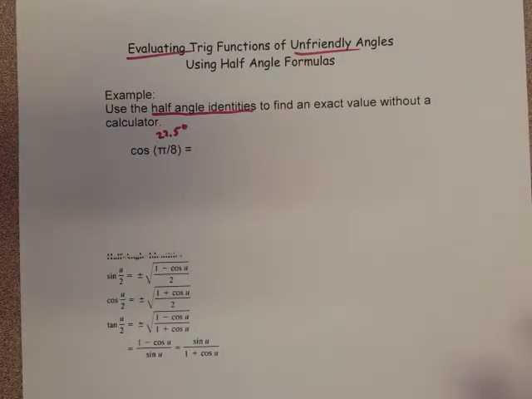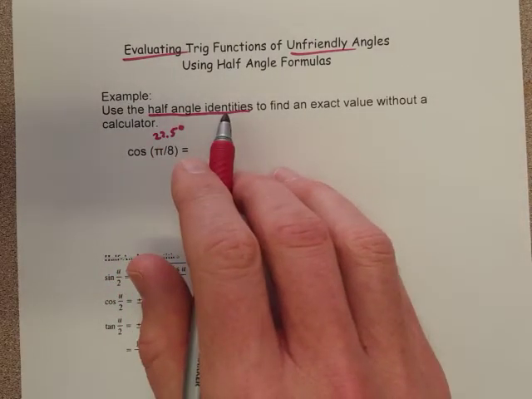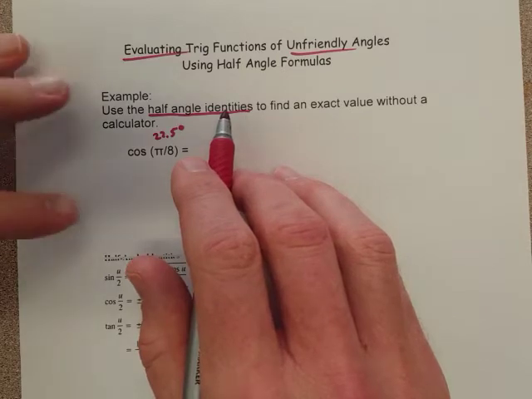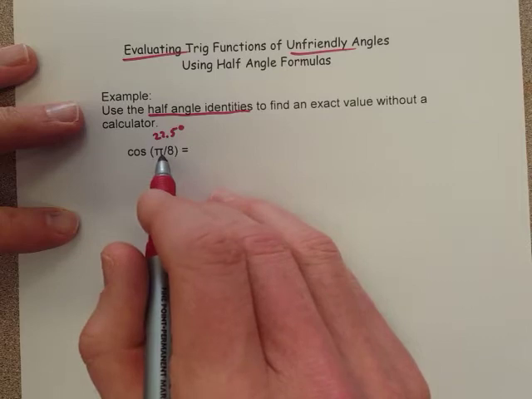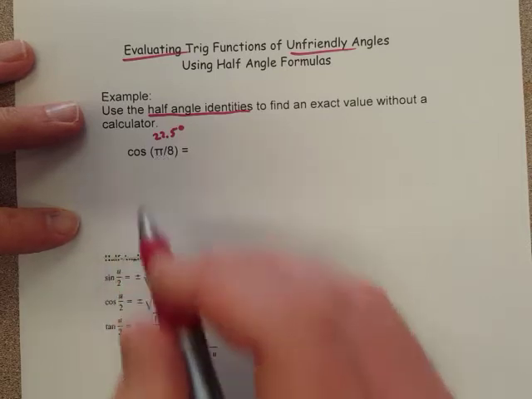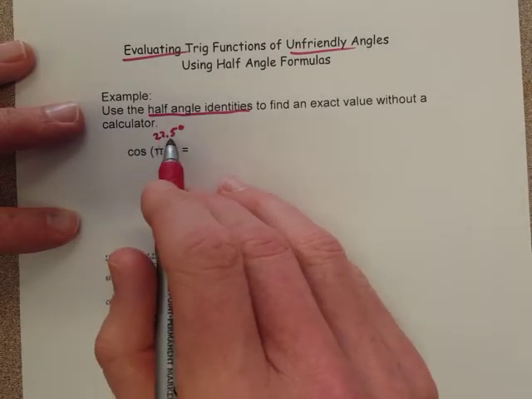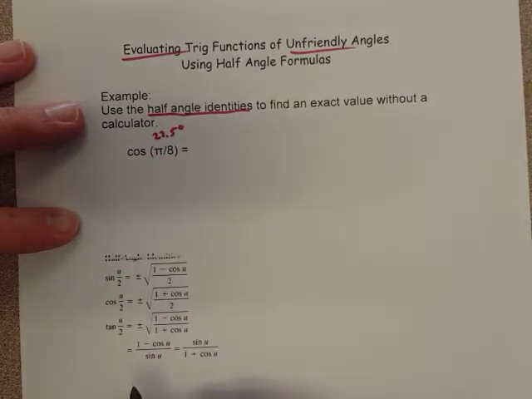And that might help you figure out how it relates to 30, 45, or 60 a little better. The angle here is called a half angle identity, so we want to figure out the angle presented right here, this pi over 8, or 22.5: it is half of what angle?